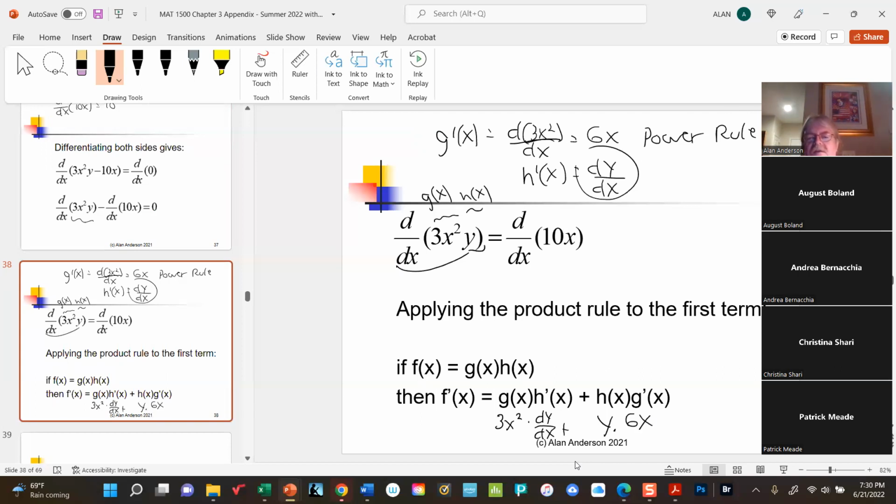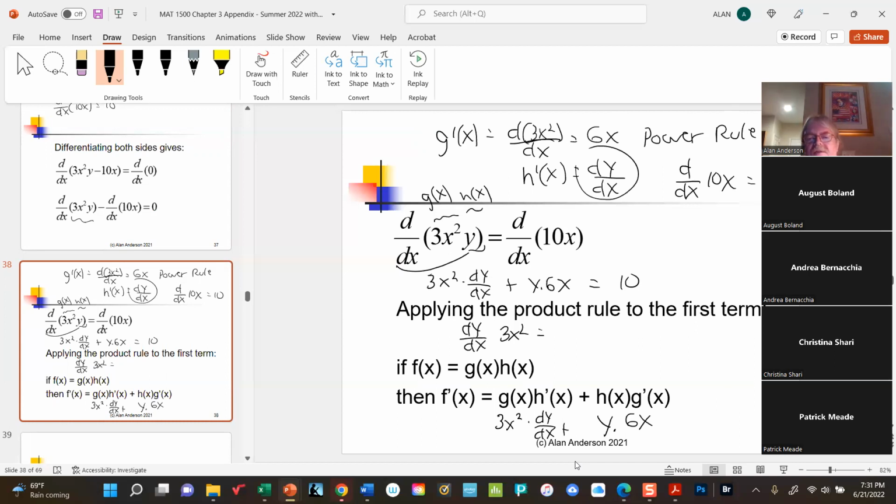In other words, this is telling us that 3x squared dy dx plus y times 6x is 10, because the derivative of 10x is just 10. And then that means dy dx, 3x squared.